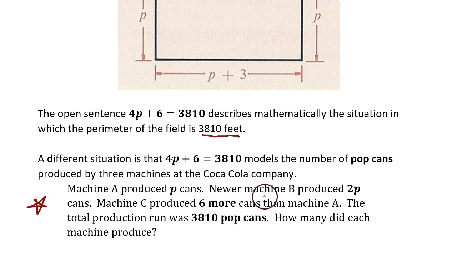A newer machine produced 2p cans, 2 times as many as machine A. Machine C produced 6 more cans than machine A. The total production run was 3,810 pop cans. So, how many did each machine produce?